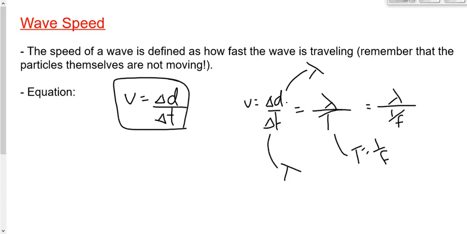So now we've got v is equal to lambda over 1 over f. Now, if we simplify that, it ends up becoming f times lambda. Lambda over 1 over f is the same thing as saying lambda times f over 1, or just f times lambda. This is what we sometimes call the universal wave equation.